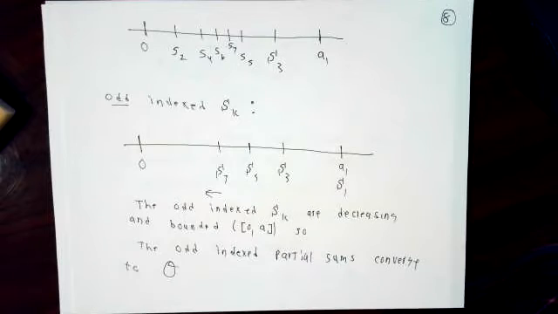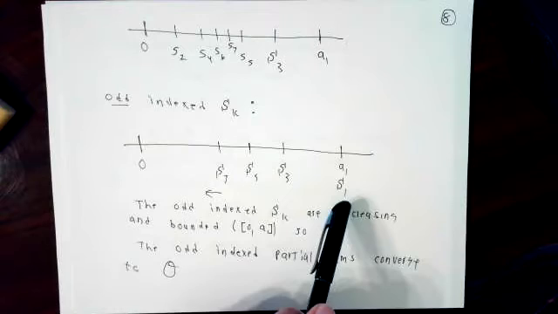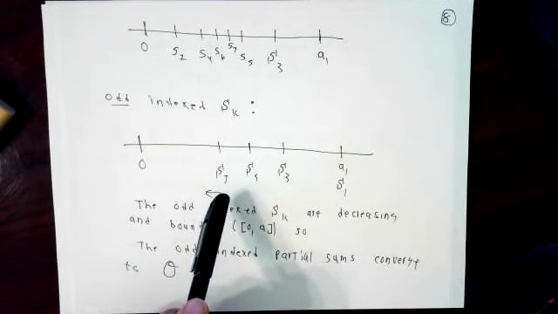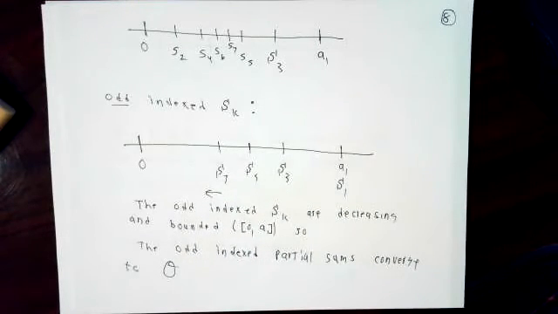At the top, we have that same picture that we figured out in general, but in the middle of the page, I'm only going to draw in the odd indexed partial sums. S1 was here, S3, S5, S7. As the index increases, the odd indexed partial sums are monotone, except they're monotone decreasing instead of increasing.